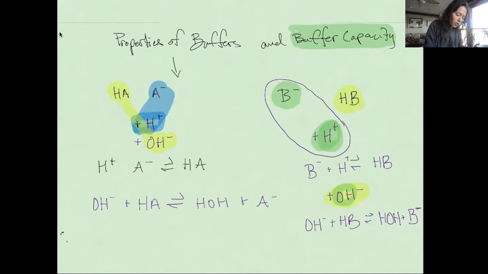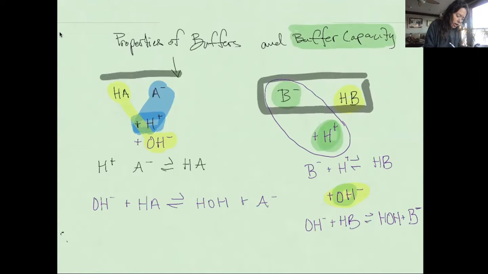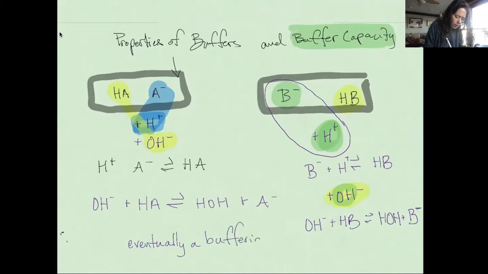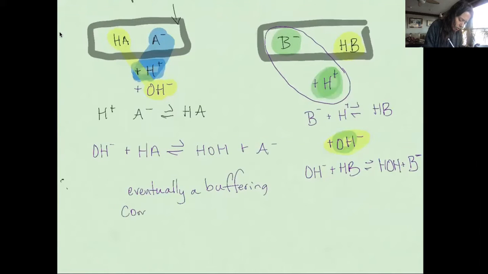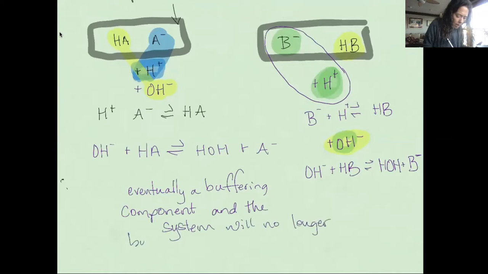Eventually, the buffering components, which you should realize are these two guys here and these two guys here, a buffering component will run out, and the system will no longer be a buffer.